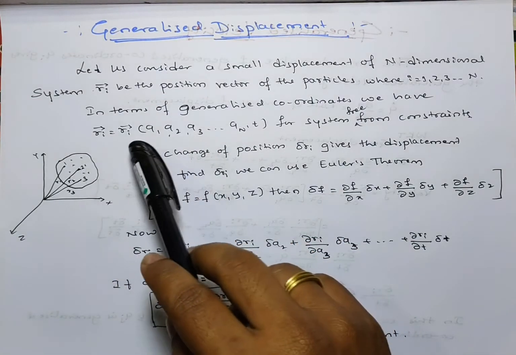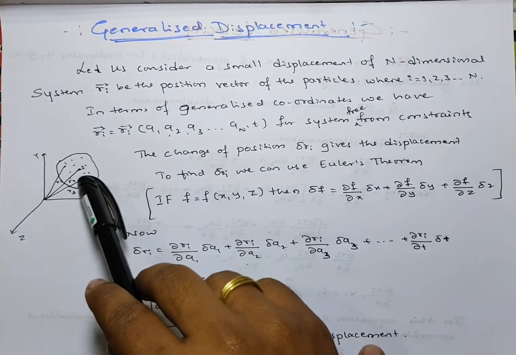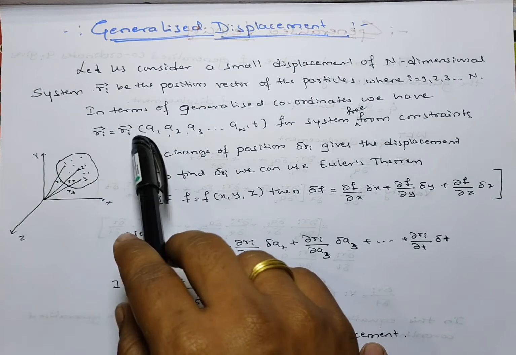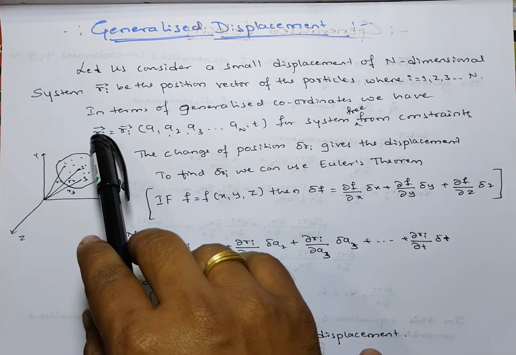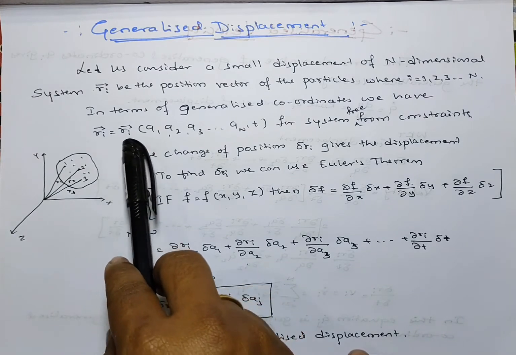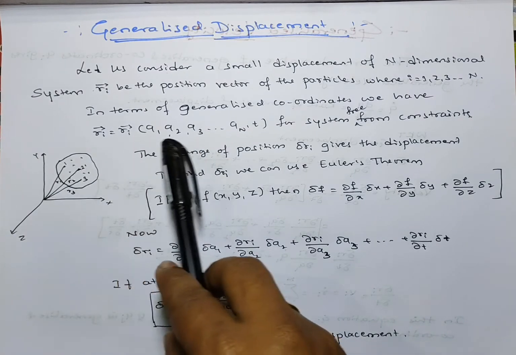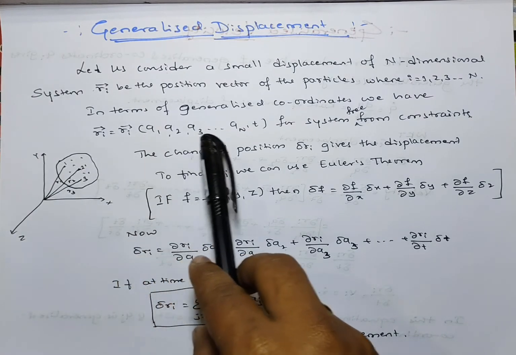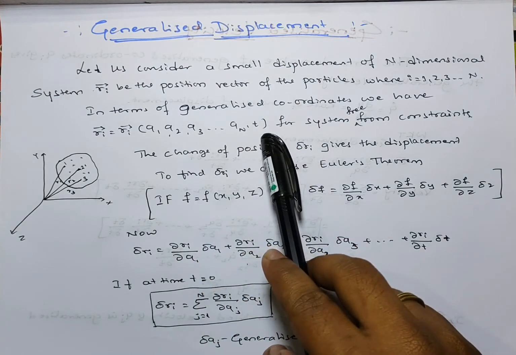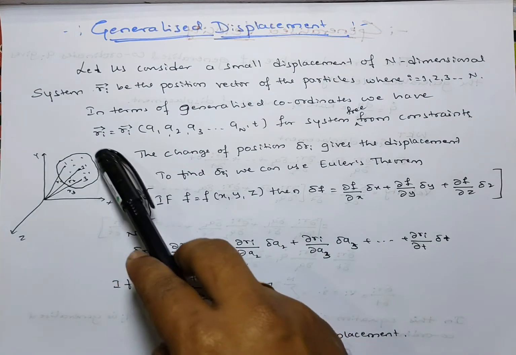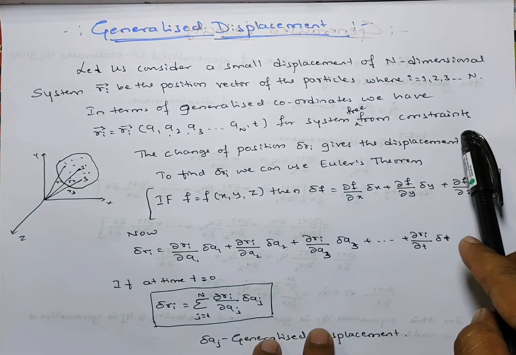Now I am going to write this in the form of generalized coordinates, that is, the vector ri is a function of q1, q2, q3 and so on up to qn at a time t, and this system is free from constraints, right?